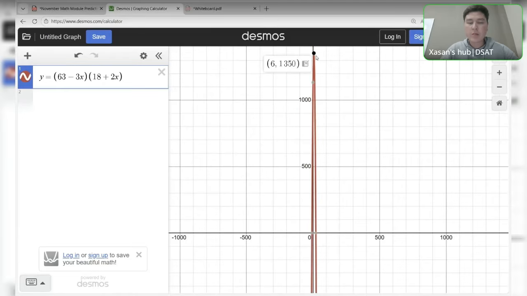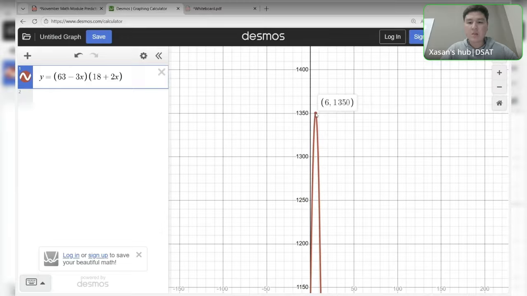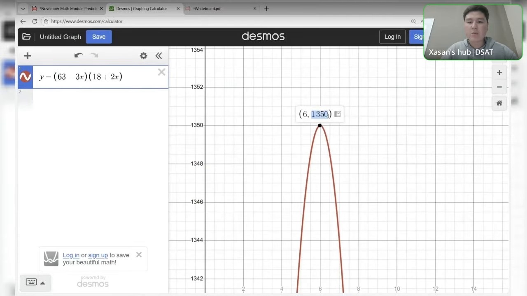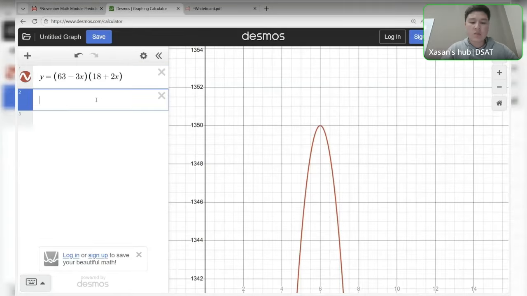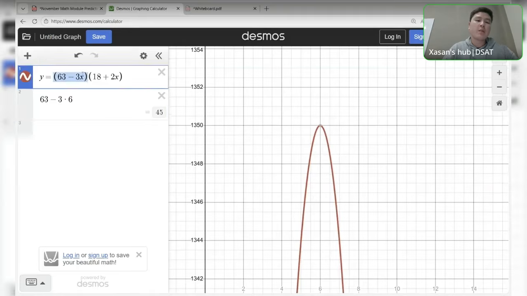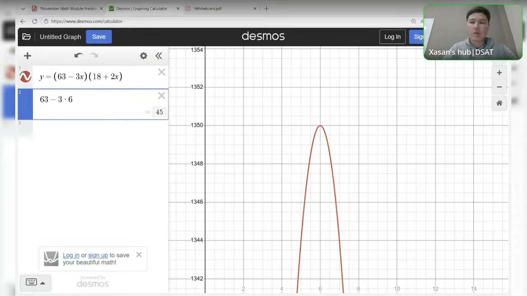The maximum we are having is at this point. 1350, guys, is the maximum revenue, and to reach that revenue, the price must be decreased 6 times. So just plug 6 instead of the X: 63 minus 3 times 6. I'm putting that X instead of the price here, and the price per product must be $45 to reach the maximum revenue. That's all. 45 is the correct answer.